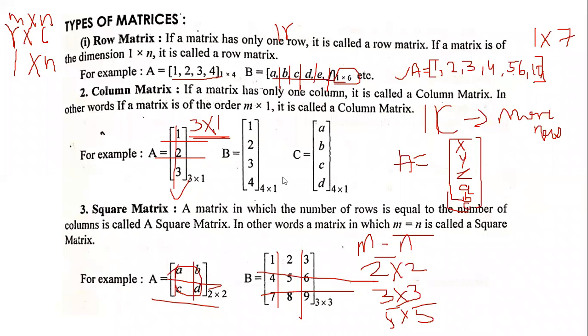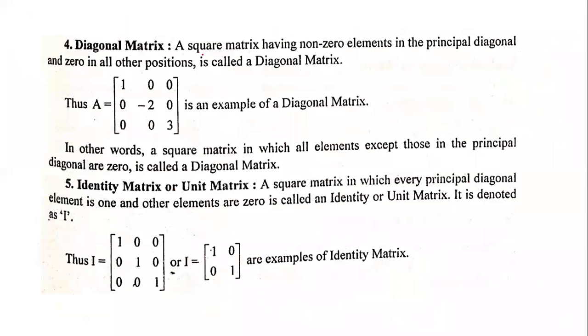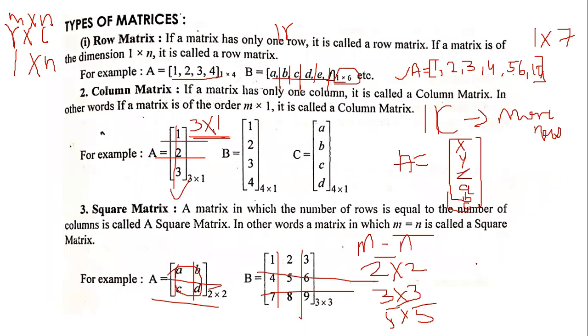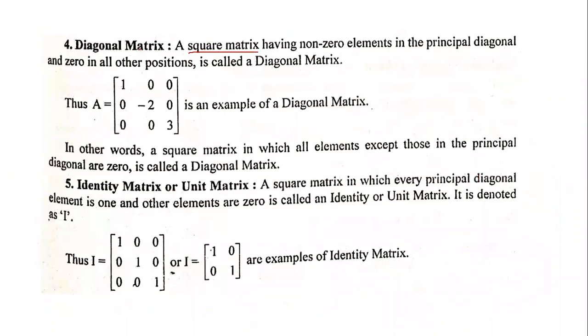Now, moving on further, let us see the next type of matrix, that is the diagonal matrix. A diagonal matrix is a square matrix. Now, what is a square matrix? A square matrix is one where the rows are equal to the columns.